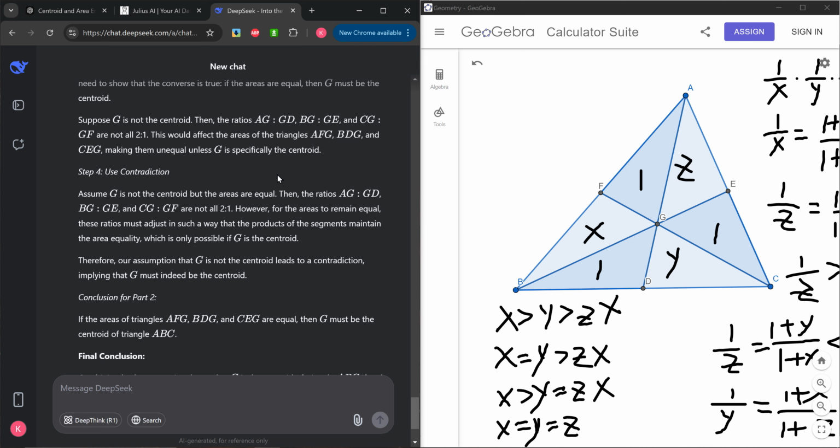Besides, let's just assume that in the near future, maybe there is one AI tool that can solve most of the Olympiad geometry problems. But would that be a good thing for the learners of Olympiad geometry or Olympiad math? I don't think so. Because the key point of learning Olympiad math is to practice.